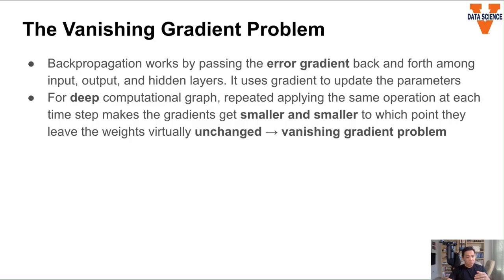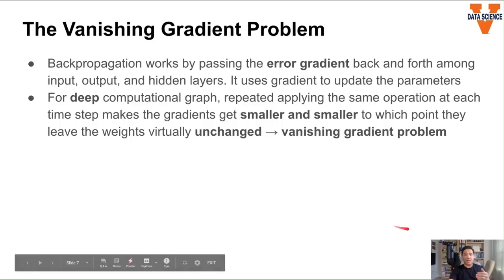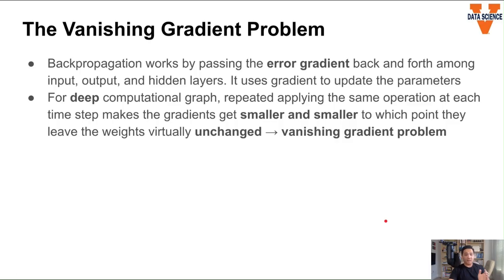If you keep computing that gradient and passing it through the nodes, at some point the gradient becomes very small, so the weight updates no longer work, and the weights become virtually unchanged. And this is the vanishing gradient problem.